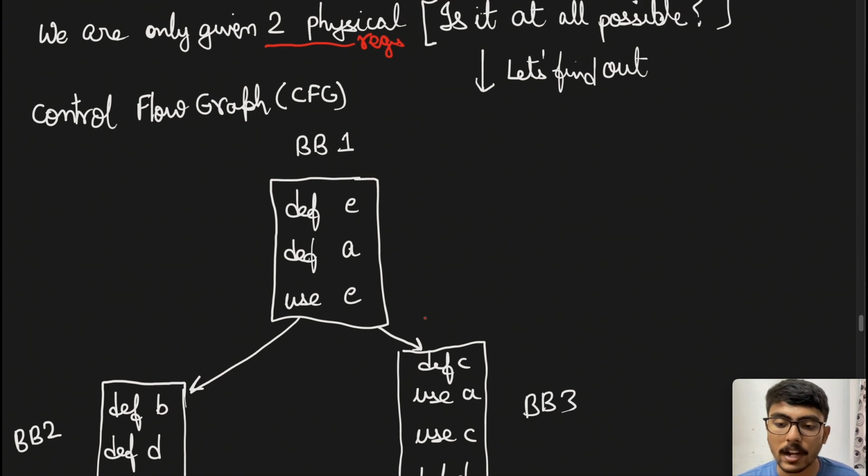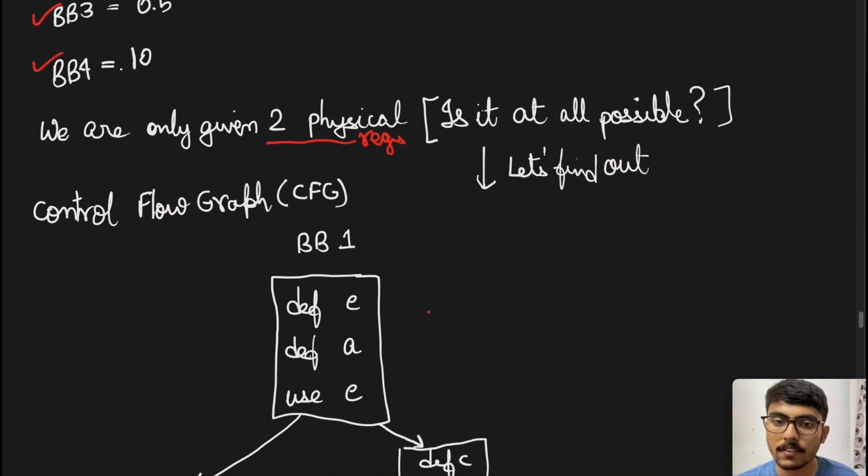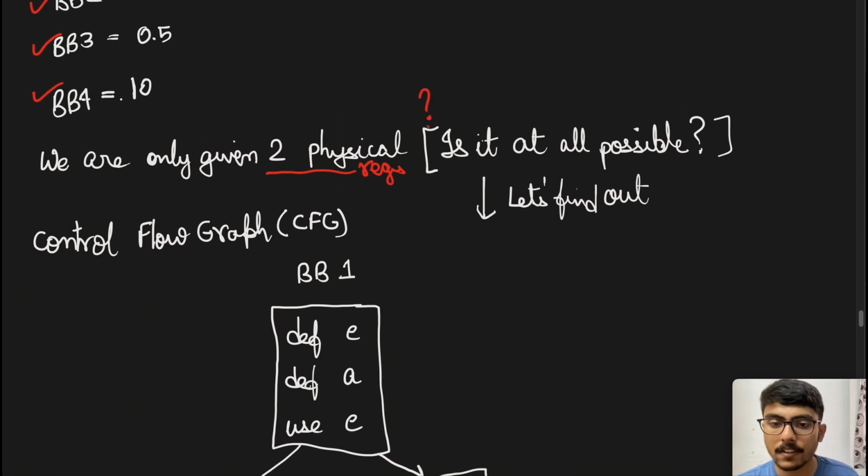Is it possible for 2 registers to accumulate all this data and proceed with the working? If it fails this, then we will directly say that the program will not execute with 2 registers, and we need more than 2 registers. We'll find out in just a minute how we determine whether it is possible or not.